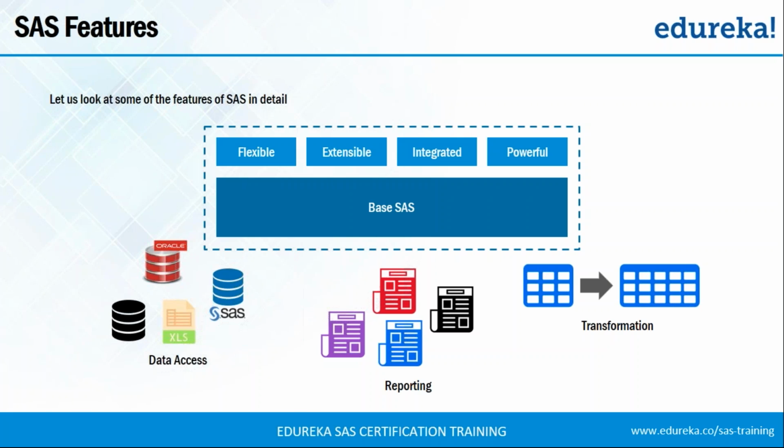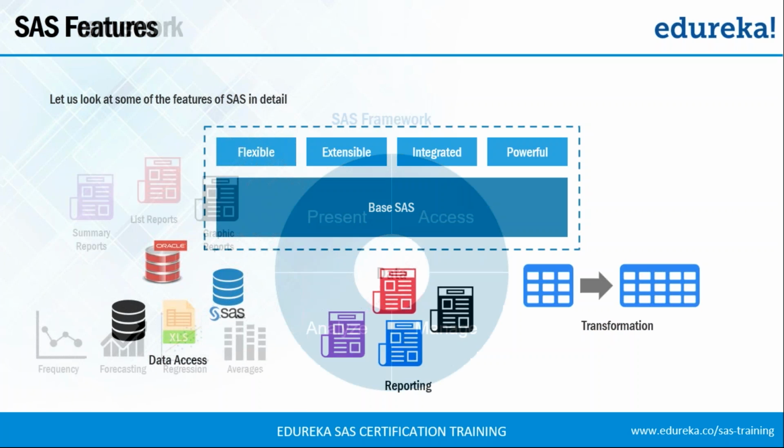Transformations, once you have the data, you can do a transformation, or when you're pulling the data, you can do a transformation through SAS Data Integrator. That's the ETL tool. So it is very much capable of the entire BI stack, which is the database, and then you have the ETL and then the reporting piece. So all those SAS is capable of.